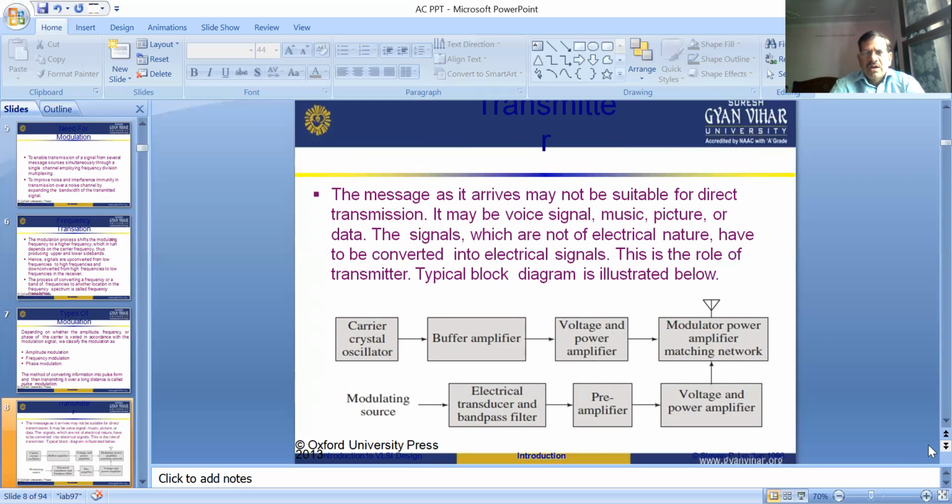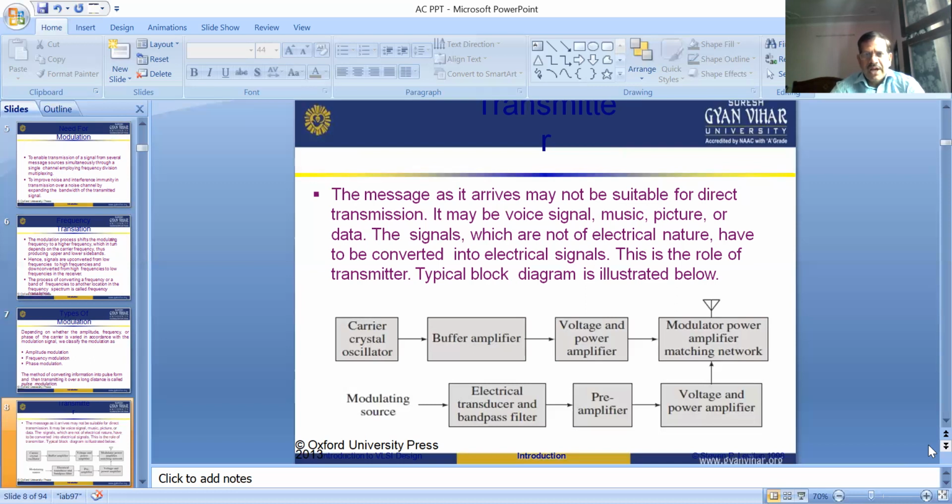The different signals which are not in electrical form are first converted into electrical form and then transmitted in the transmission system. So we have to convert them into electrical signals. This is the role of the transmitter. This conversion process occurs in the transmitter system.